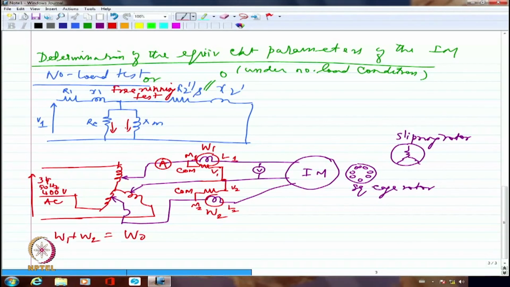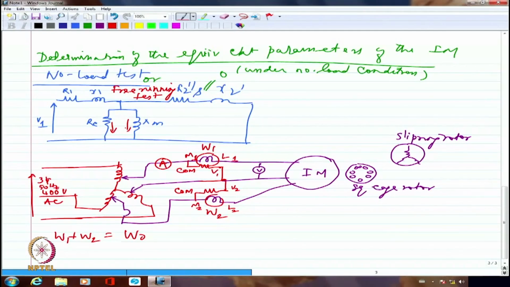But whatever you got after reversing, you will get a positive reading, but note it down as minus so and so watts. So let us say W1 was 100 watts, W2 was minus 50 watts originally. So it was actually showing kicking back, but after reversing, it has shown 50 watts.